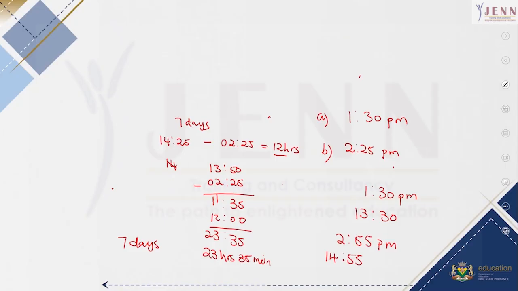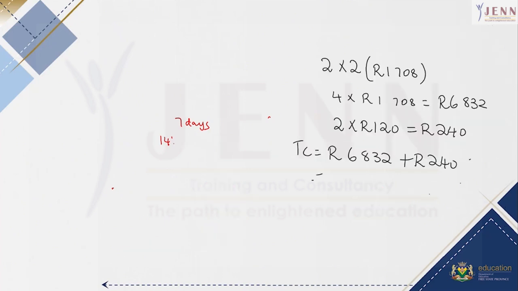If Refilwe and Paul must be at the airport an hour before departure, what time must they arrive at Bram Fisher Airport? Remember, the plane is going to leave at 1:30 in the afternoon. The single plane ticket is 1,708.